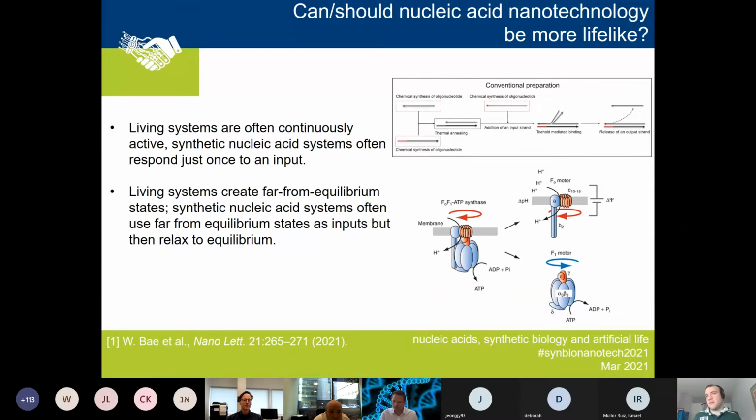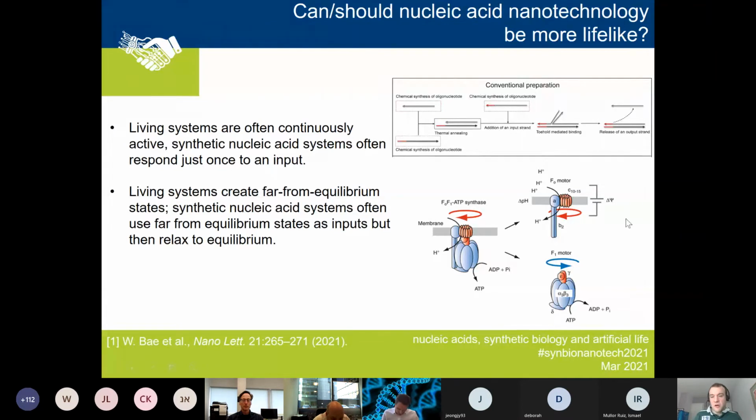One other aspect in which nucleic acid nanotechnology tends to be different from how living systems work is that living systems tend to create far from equilibrium states, whereas quite often with nucleic acid systems, synthetic ones, we're building things that relax to some stable equilibrium. So although the non-equilibrium nature of the process is important to begin with, the thing we end up with is often equilibrium.